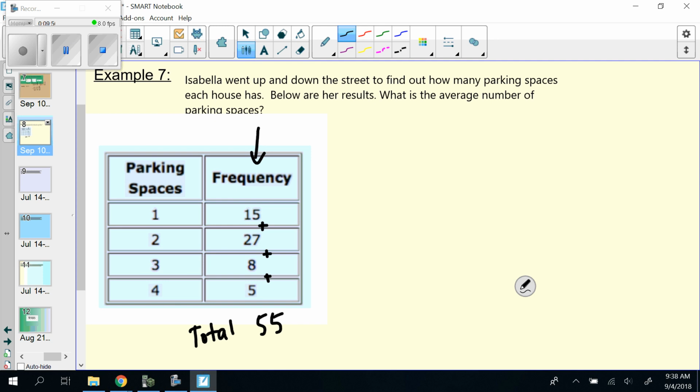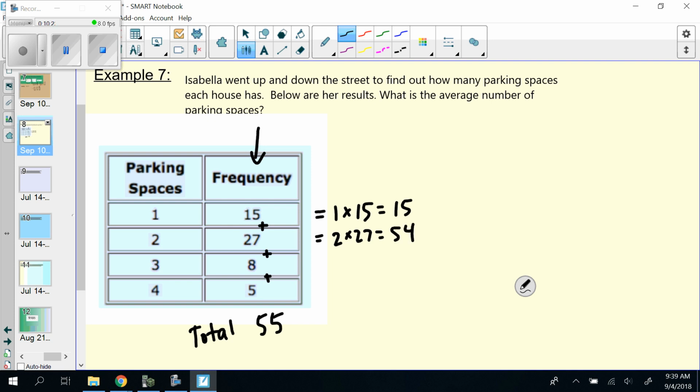Okay, but now we got to figure out, well, how many actually parking spaces were there? So this first one here would be if we had one parking space 15 times, that would be, multiplying that out, 15 spaces. Okay, but the next one is two parking spaces. So that occurred 27 times. So how many actual parking spaces? Well, if you have two parking spaces 27 times, 2 times 27 would be 54 actual spaces.